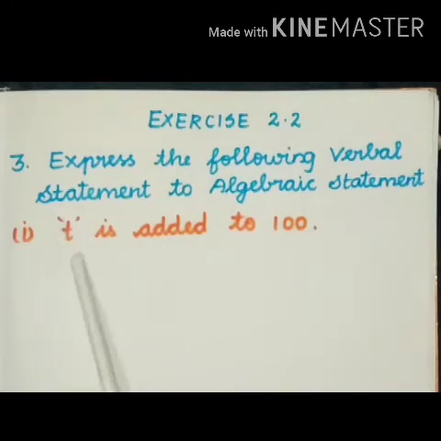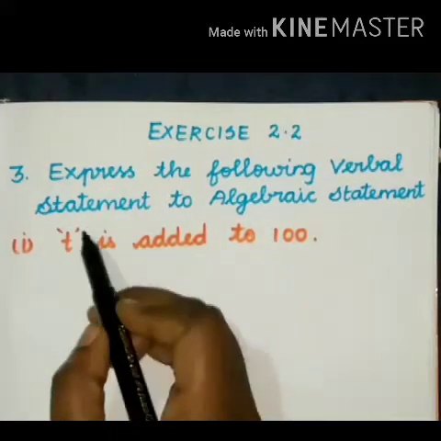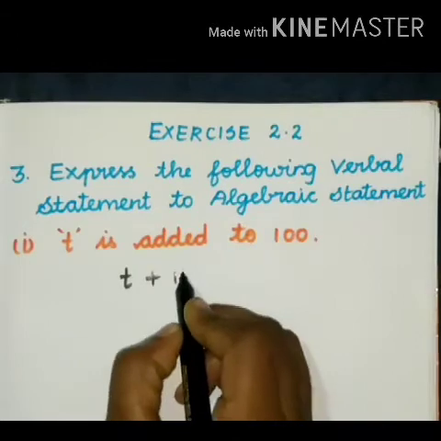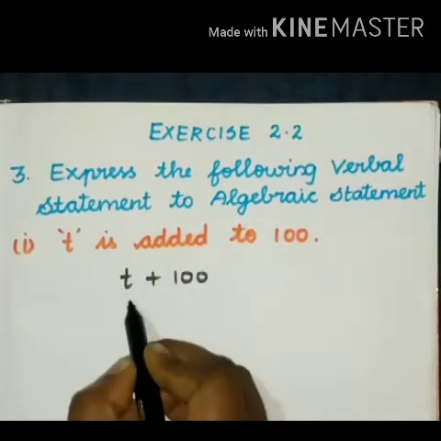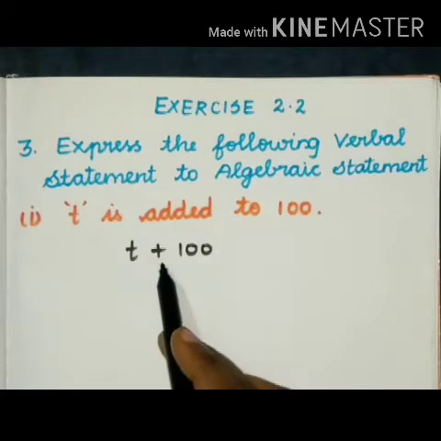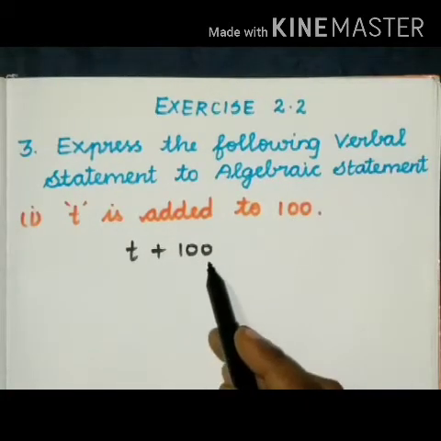Here t is a variable, 100 is a constant value. Here the word added represents plus. So we can write this verbal statement as t plus 100. t is a variable. Added is a keyword which represents the operation addition. Then the constant value 100.